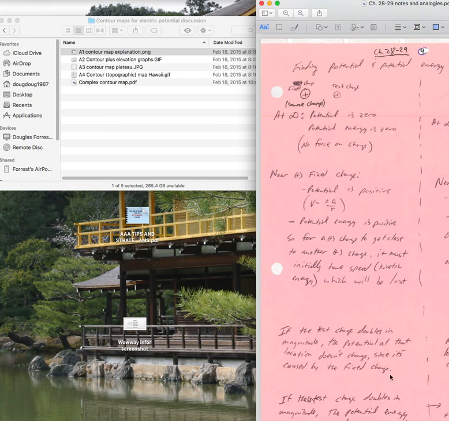If this charge doubled in magnitude and I started an infinite distance away, there would still be no electric potential and no potential energy.